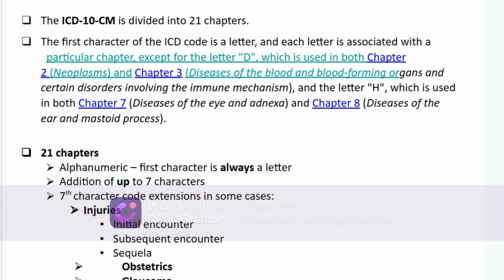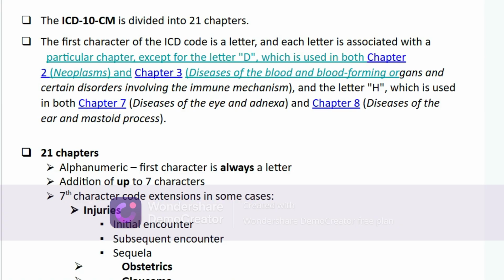The exceptions are the letter D, which is used in both chapter 2, neoplasms, and chapter 3, diseases of the blood and blood-forming organs and certain disorders involving the immune mechanism, and the letter H, which is used in both chapter 7, diseases of the eye and adnexa, and chapter 8, diseases of the ear and mastoid process. The 22 chapters are alphanumeric.